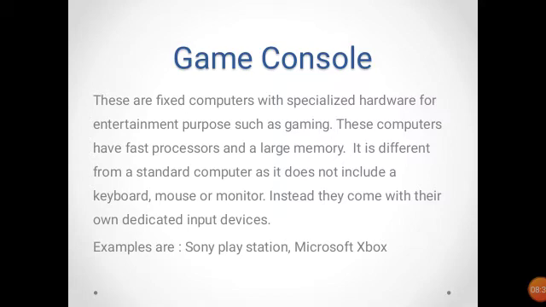It is different from standard computer as it does not include any keyboard, mouse, monitor. Instead of that, it uses joysticks, trackballs, other pointing devices. Instead, they come with their own dedicated input devices.